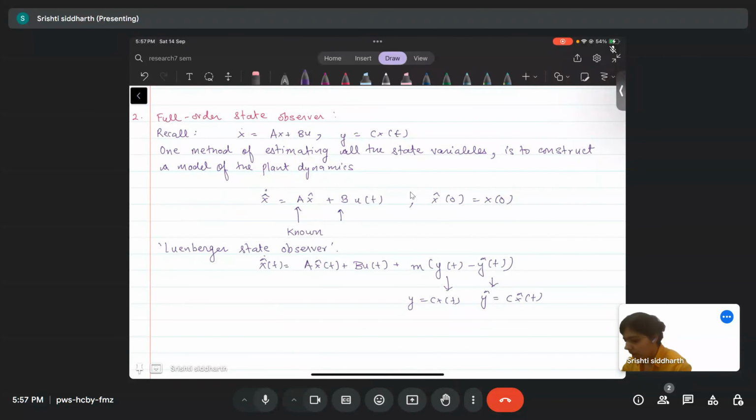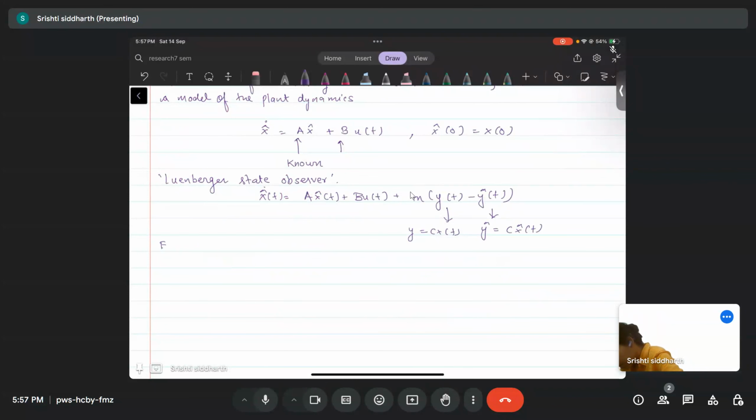Let's say that the error vector is denoted by x tilde or e. At any given time, this is x minus x hat. We want the estimated states to be close to the original dynamics, so we need to see that as t tends to infinity, this tends to 0.